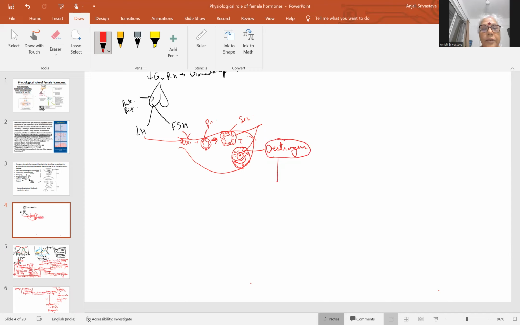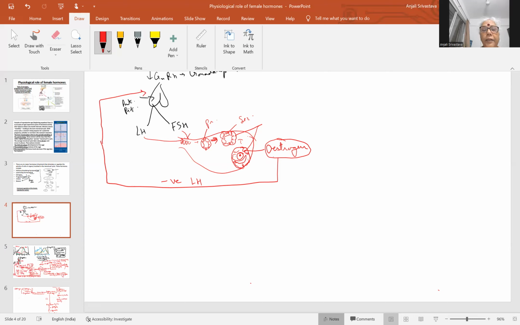When its production starts by these developing follicles, it reaches a peak with the formation of the Graafian or mature follicle, and as its level rises, it first shows a negative effect on the production of LH by the anterior pituitary.